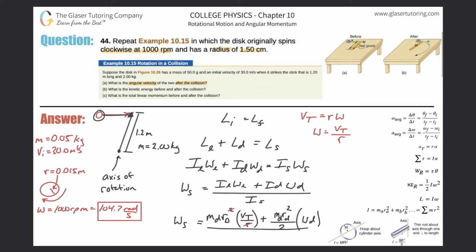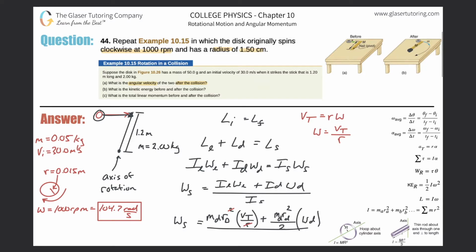Okay, so the moment of inertia of the system now, this is fun. So you have to consider what's happening. After the collision happens up here, the disk is then stuck to the rod. That being the case, there is no more angular momentum of the disk itself, meaning rotating around its center axis. There is, though, angular momentum for the disk in this direction, in conjunction with the rod.